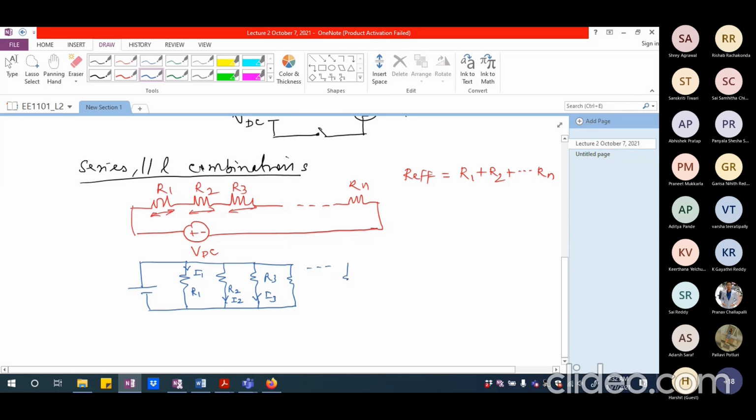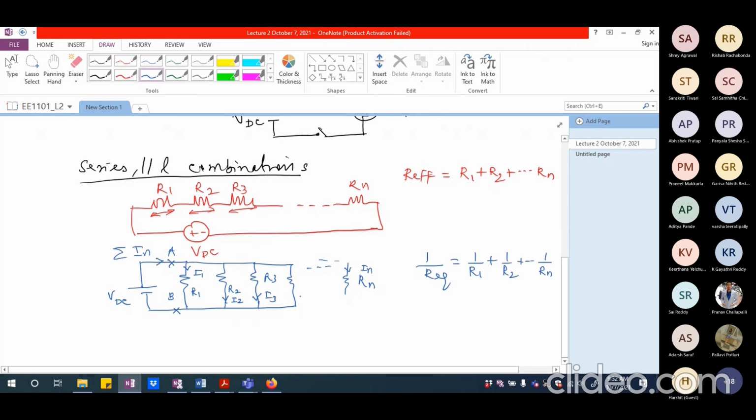I'm going to have Rn here, which carries a current of In. So the total current will be the summation of all I, from 1 to n. So the net resistance across these two terminals, A and B, is given by 1 by R equivalent equals 1 by R1 plus 1 by R2 until 1 by Rn.